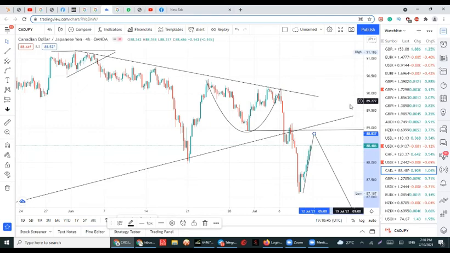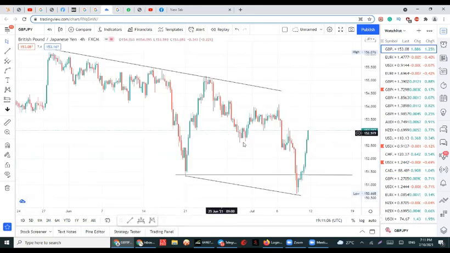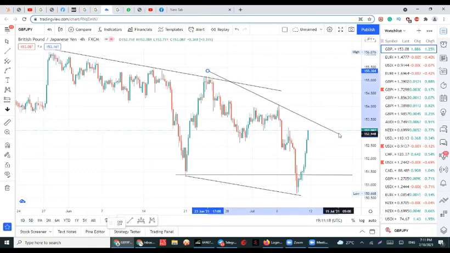So guys, you can see all these pairs have a lot of negative and positive correlations. You can match them. Let's look at the Pound JPY condition. So this is what we anticipate Pound JPY looks like. As you can see over here, we have this divergence, and now we anticipate that price could probably test this particular zone.